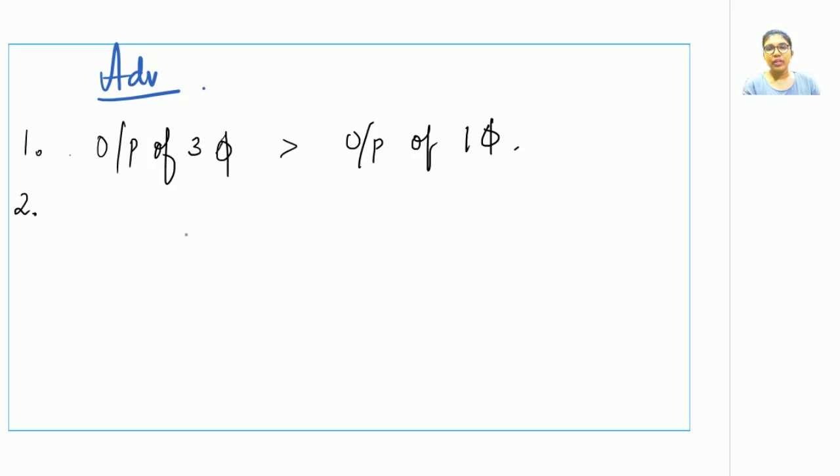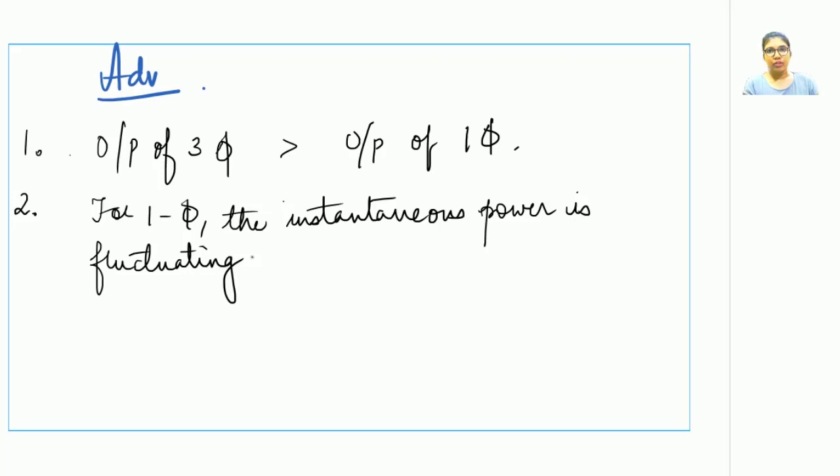The second point being, for a single-phase system, the instantaneous power is fluctuating in nature. By instantaneous power, one means the product of the sinusoid of the voltage multiplied with the sinusoid of the current. That power obtained for a single-phase system is fluctuating in nature.